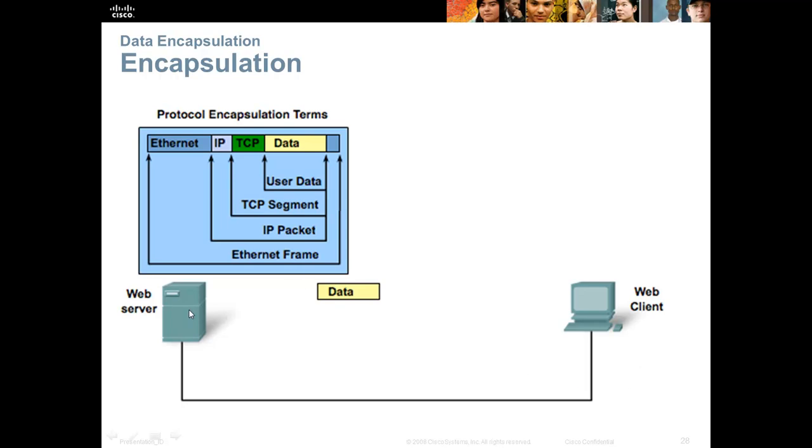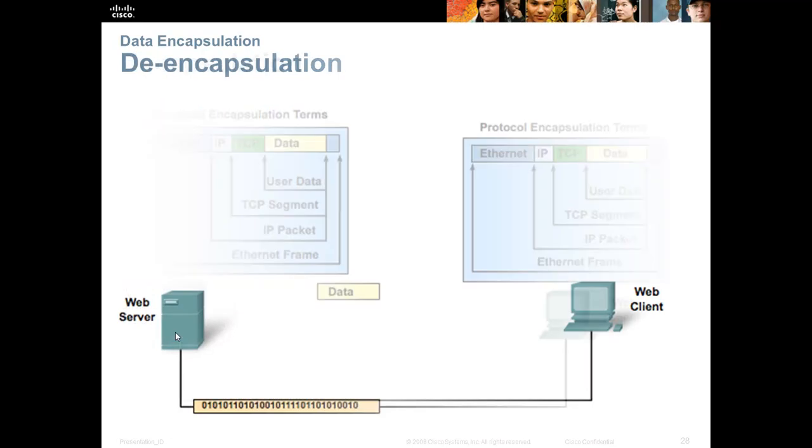So when the web server here would send to the web client, he's going to encapsulate data on there. He's going to encapsulate the IP address of the client and the source address of the web server. He would also encapsulate MAC addresses of the web client and of the web server. So he's adding those pieces so that we can deliver it.